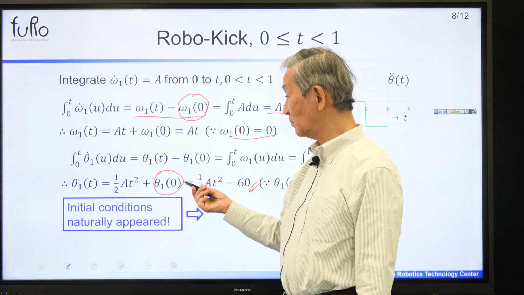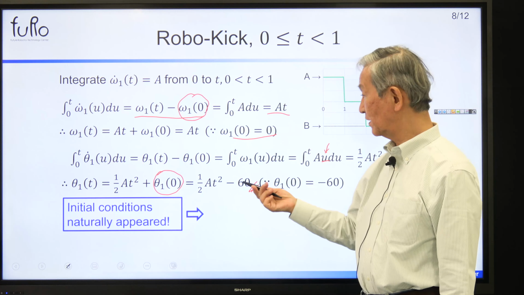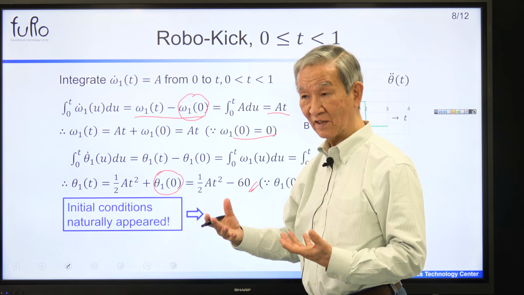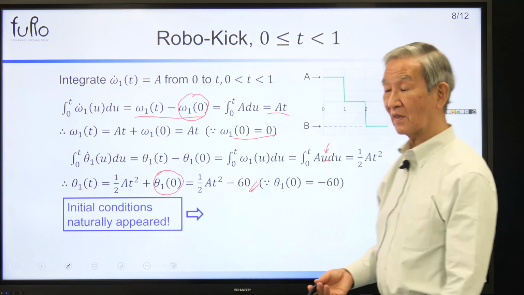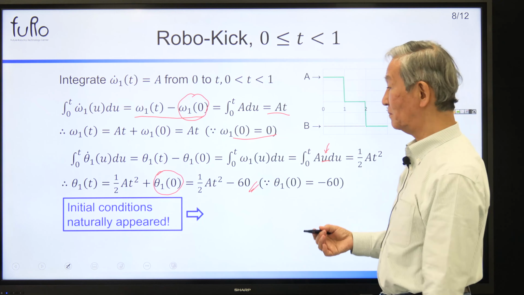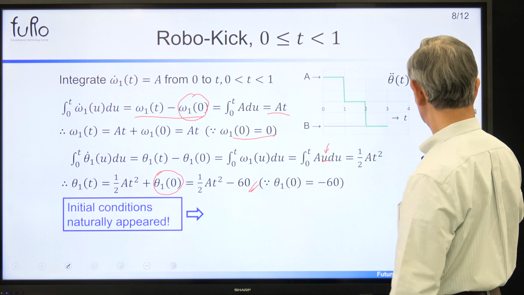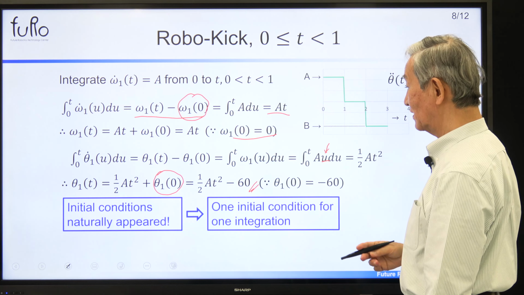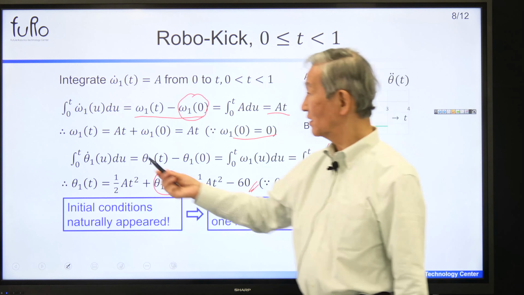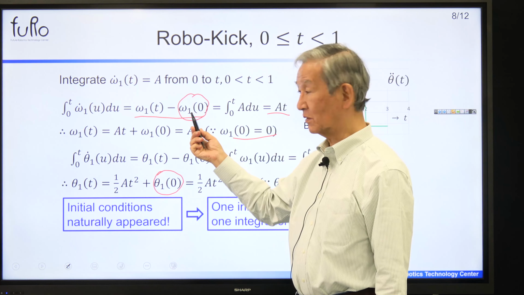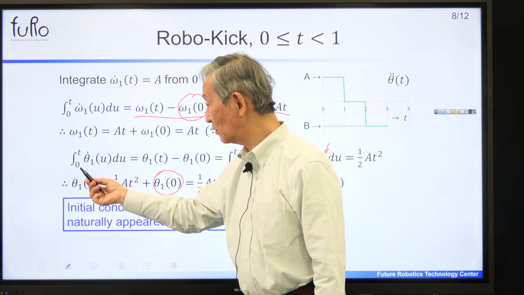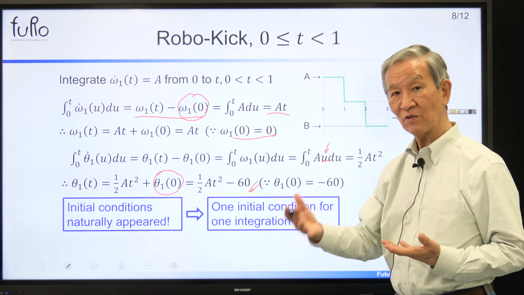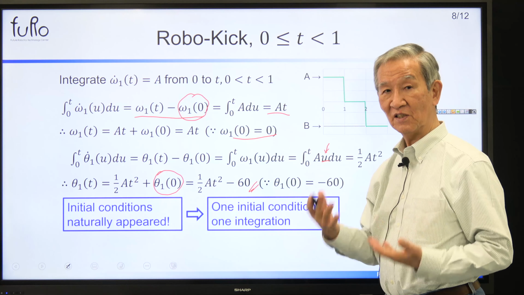And initial conditions have to be used to get rid of the integration constant C. This integration constant C does not come in here, right? One initial condition for one integration. That's another thing you noticed here. We integrated once, you used one initial condition. You integrated one more time, you used another initial condition. So for each integration, you need an initial condition.